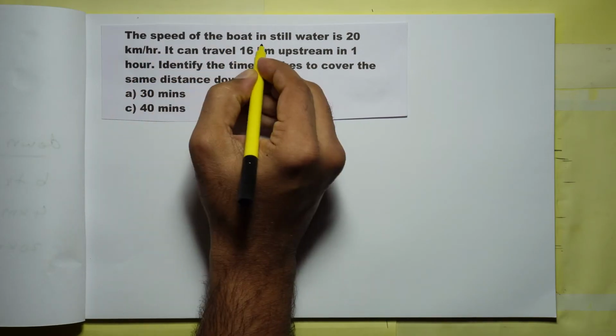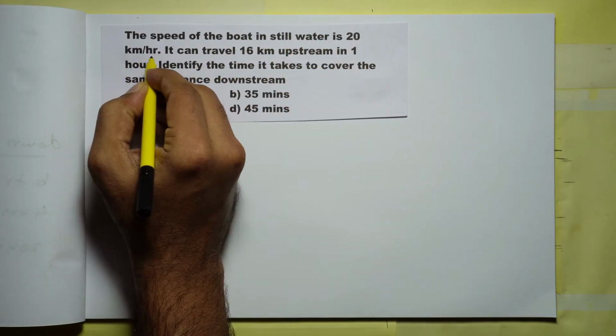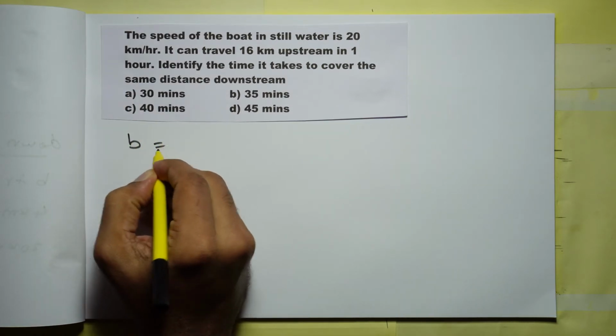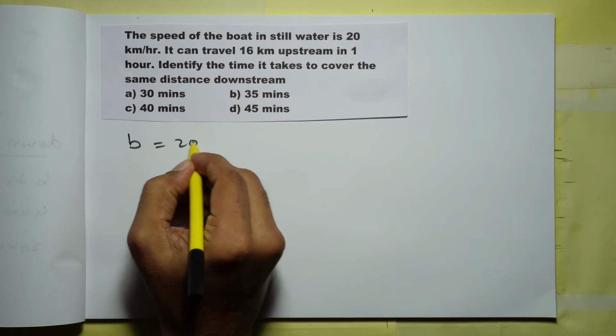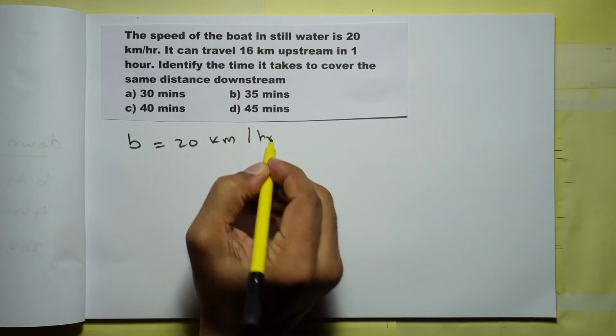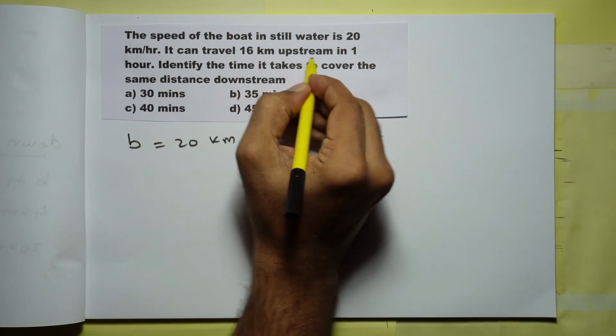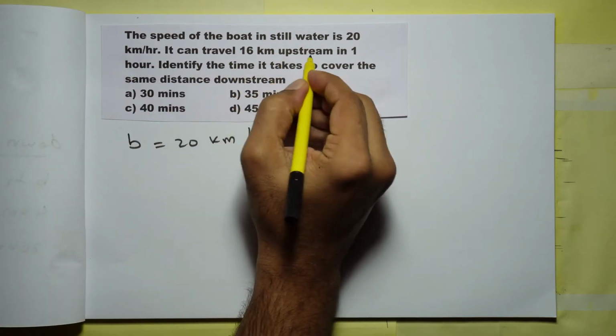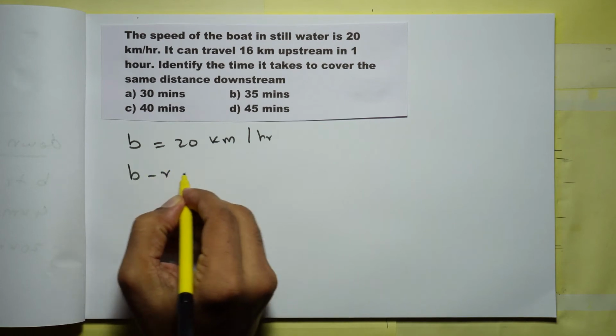The speed of the boat in still water is 20 kilometers per hour. So we'll write down all the data here. So b is the speed of the boat in still water, that is 20 kilometers per hour. It can travel 16 kilometers upstream in 1 hour. Now when you are going upstream, effective velocity is b minus r.